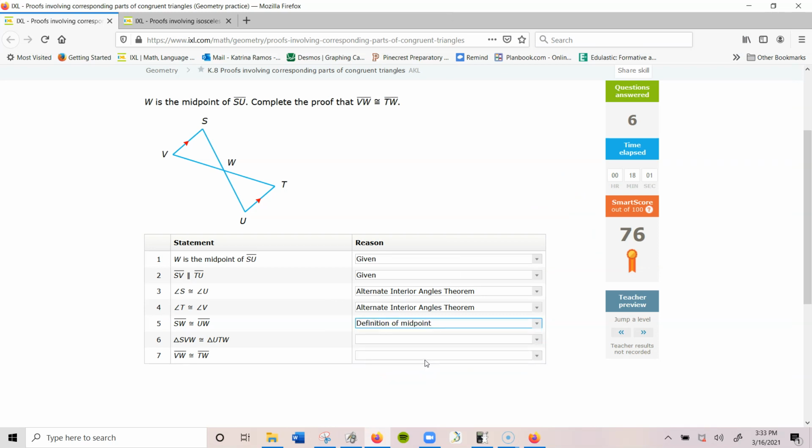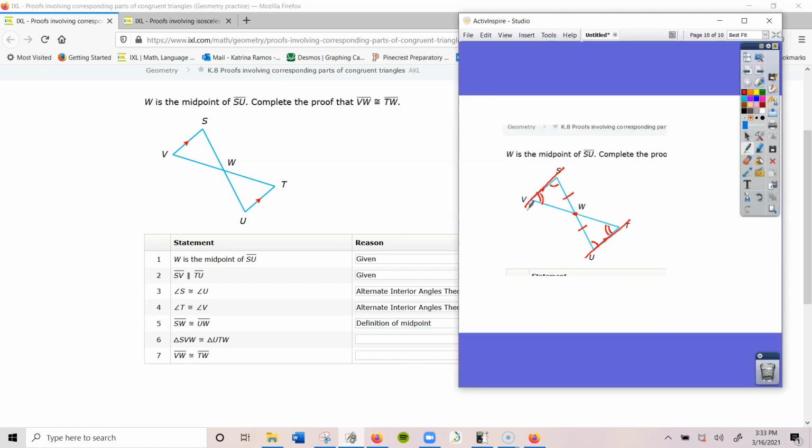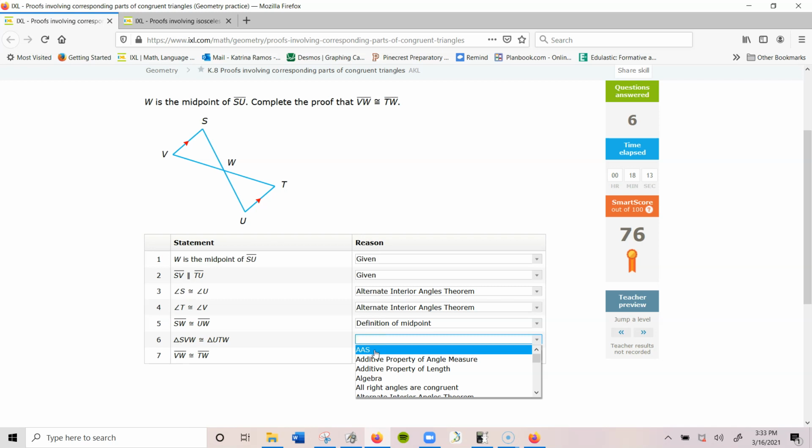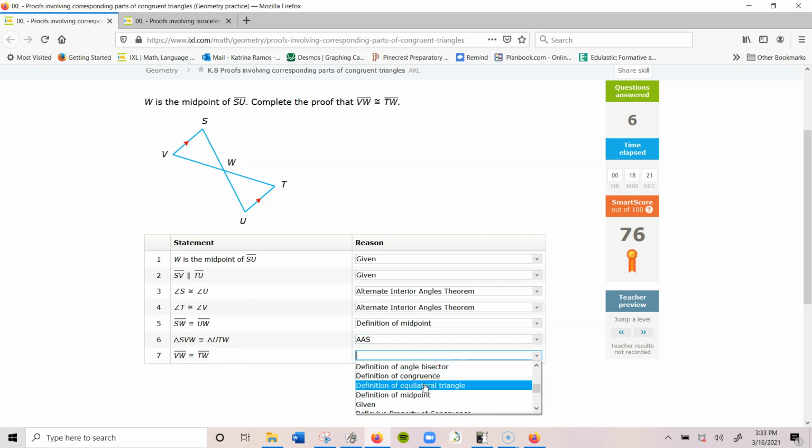So this is the definition of a midpoint. Now looking at the diagram, if we read this, what we have here is an angle, angle, and then a side. So that's how they're congruent, by angle, angle, side. And since I have shown that my triangles are congruent, then their corresponding parts are also congruent. So this will be CPCTC.